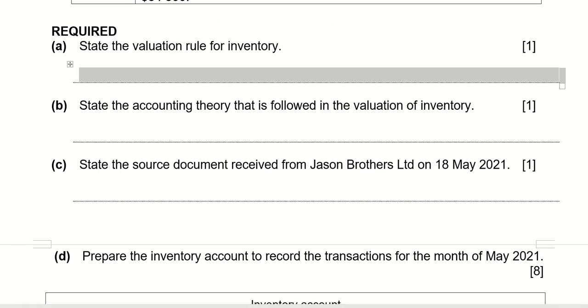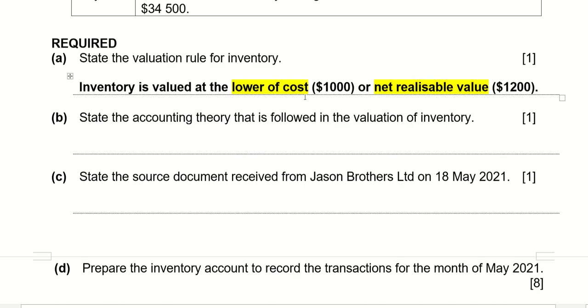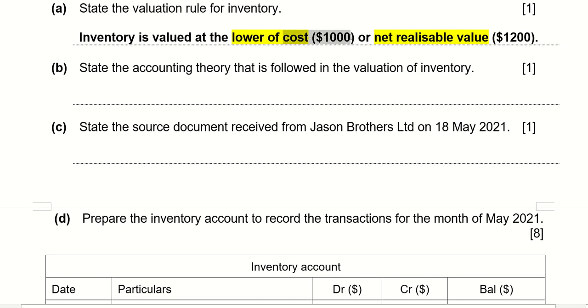Now, what is the valuation rule for inventory? At this point in time, you need to recall that inventory is valued at the lower of cost or net realizable value. What does it mean? It means that if the cost is $1,000 and the net realizable value, which is how much it can be sold for, is $1,200, then you should value it at the cost price, $1,000.